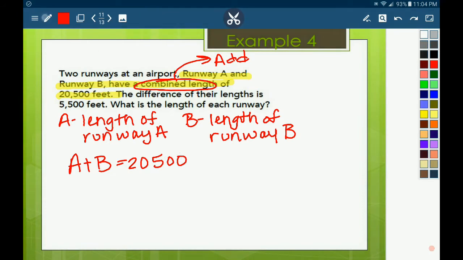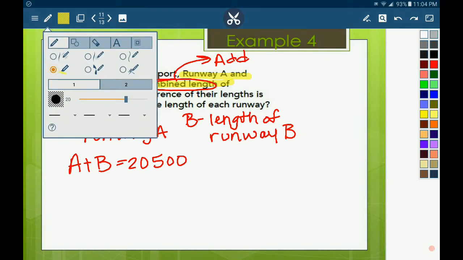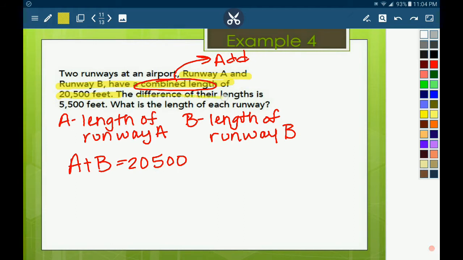The second sentence that they write says the difference of their lengths is 5,500 feet.